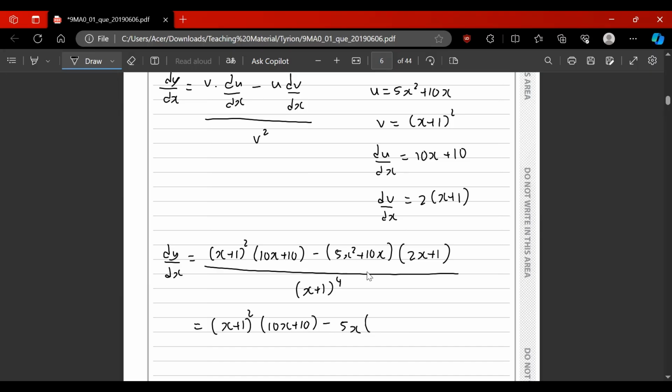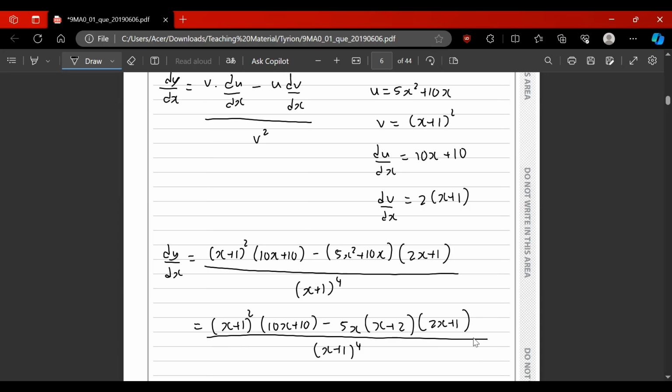And then what I'll be left with inside are x plus 2. And so after this, we can simplify this to be 2x plus 1, whole thing over (x plus 1) to the power 4.